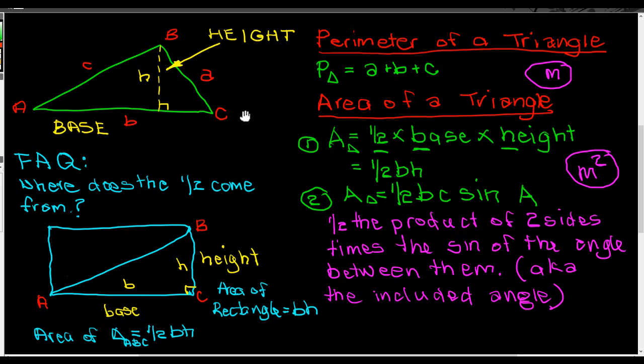Now if we drew a diagonal of the rectangle, in this case A to B, that would give us a right angle triangle with base B and height H. You can see quite clearly that that would be equal to half the area of the rectangle. So the area of the rectangle is B times H, and the area of the triangle is half B times H. That's where the half comes from.